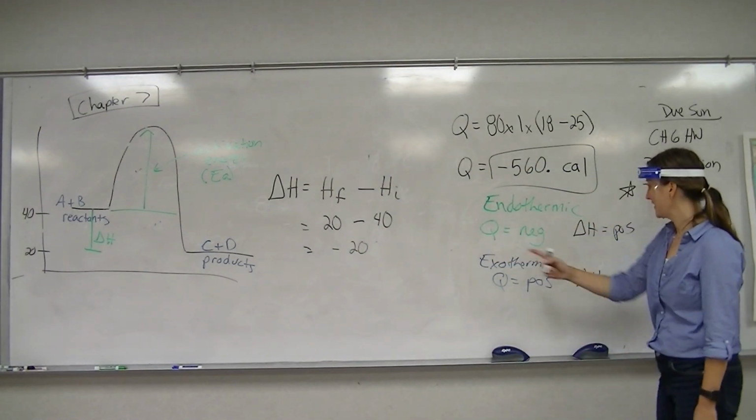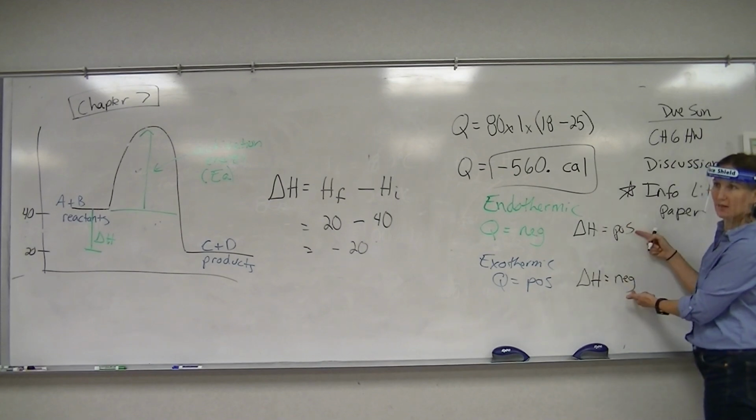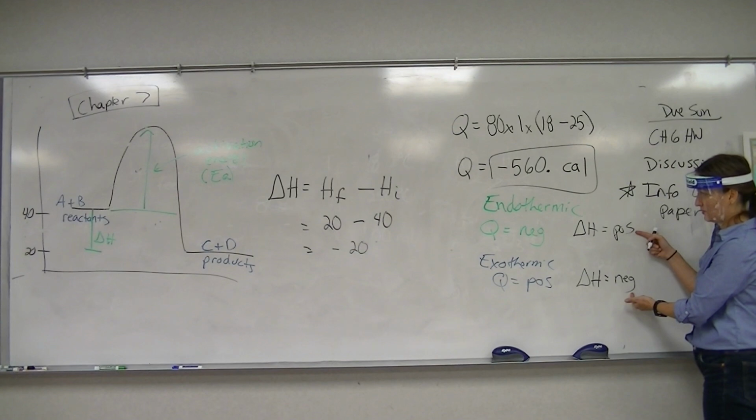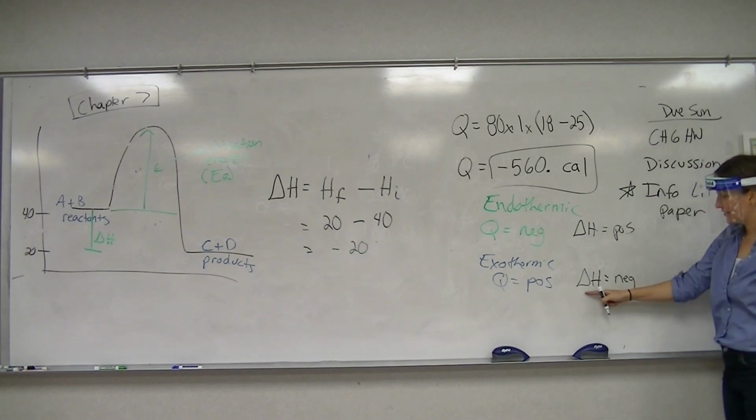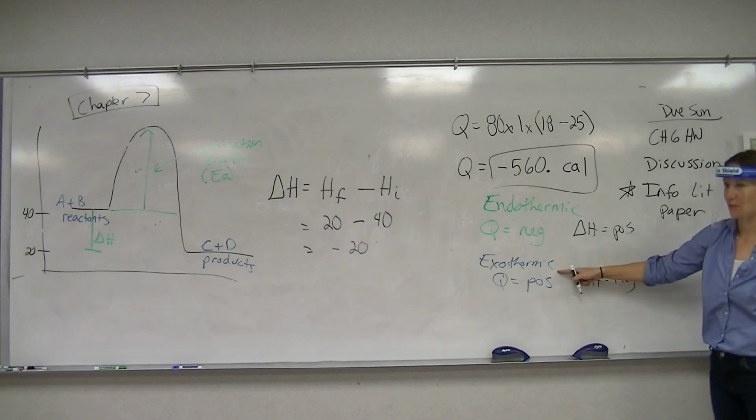So knowing that it's negative tells us whether it's exothermic or endothermic. It has to be exo, because the delta H, which we just calculated, was negative, so it's exothermic.